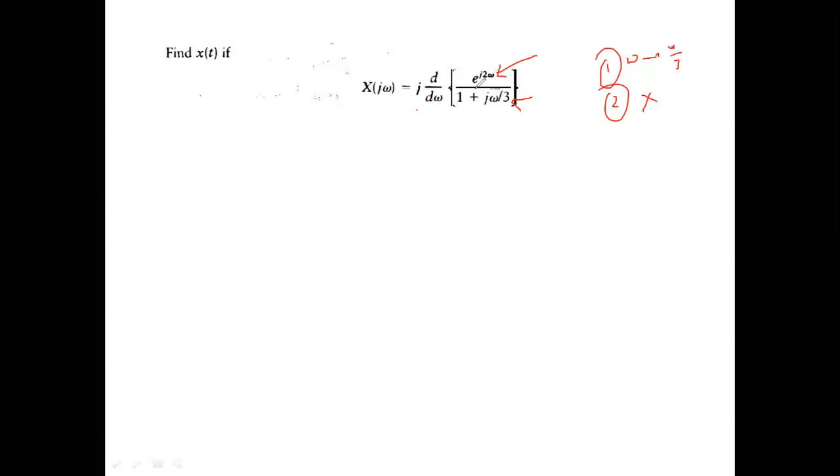For the second one, the frequency domain has been multiplied by an exponential. We know that a shift in the time domain results in multiplication by an exponential in the frequency domain.